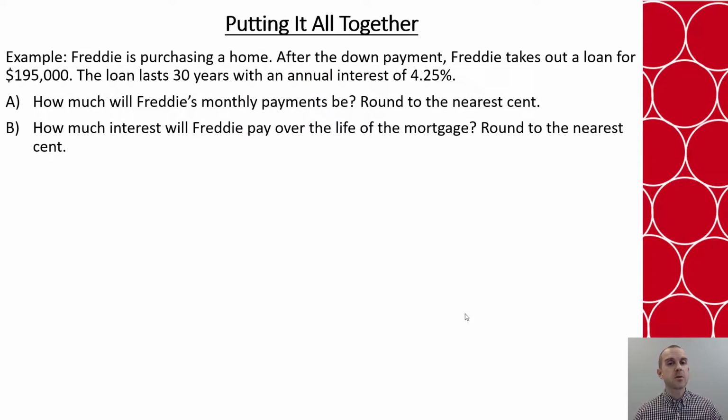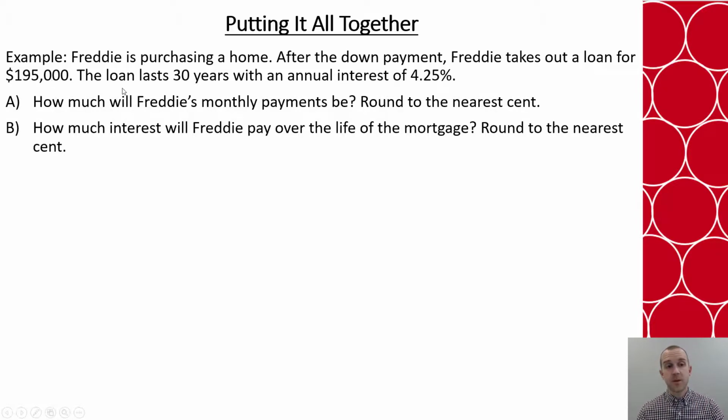Now let's put all of this together. Let's look at it as if you were paying a mortgage, because the mortgage is probably one of the most costly aspects of an individual's life, but it's also one of your most important ones. So let's understand both how we calculate that monthly payment as well as how much interest would actually be accrued over the life of the loan. So say that Freddie is purchasing a home, and after the down payment, Freddie takes out a loan for $195,000.